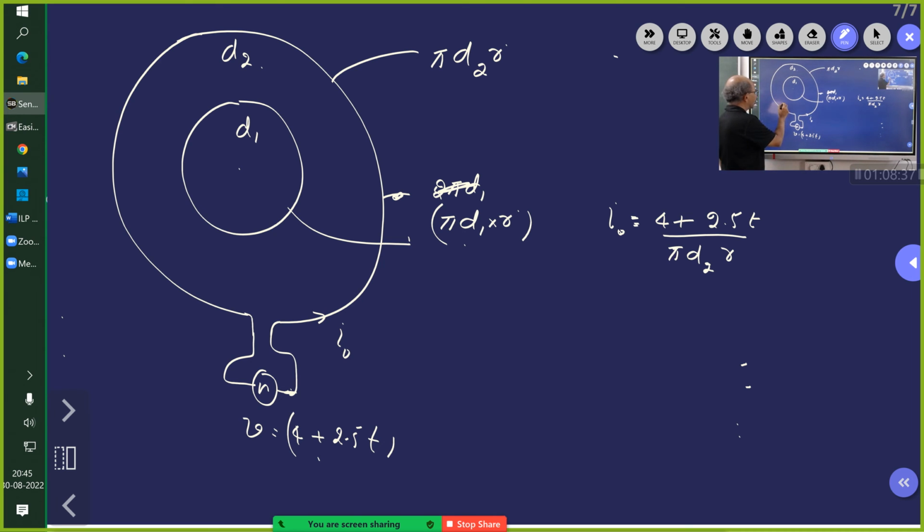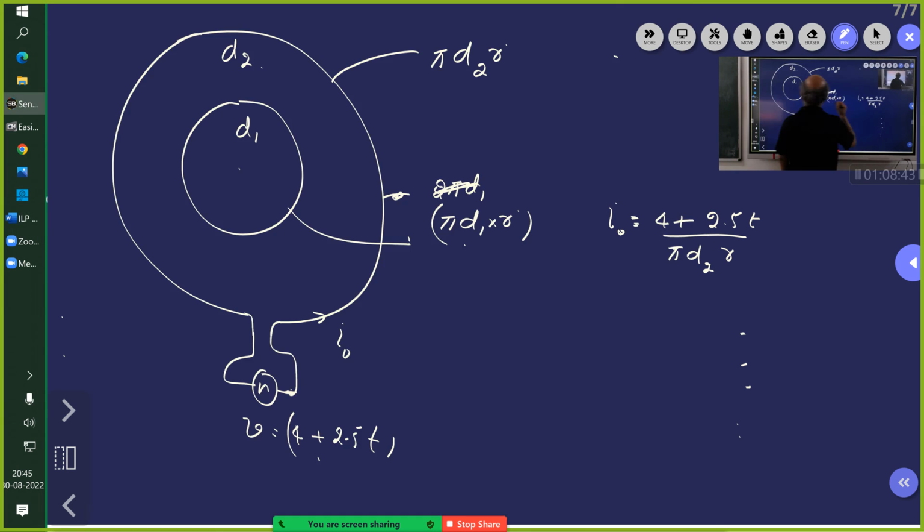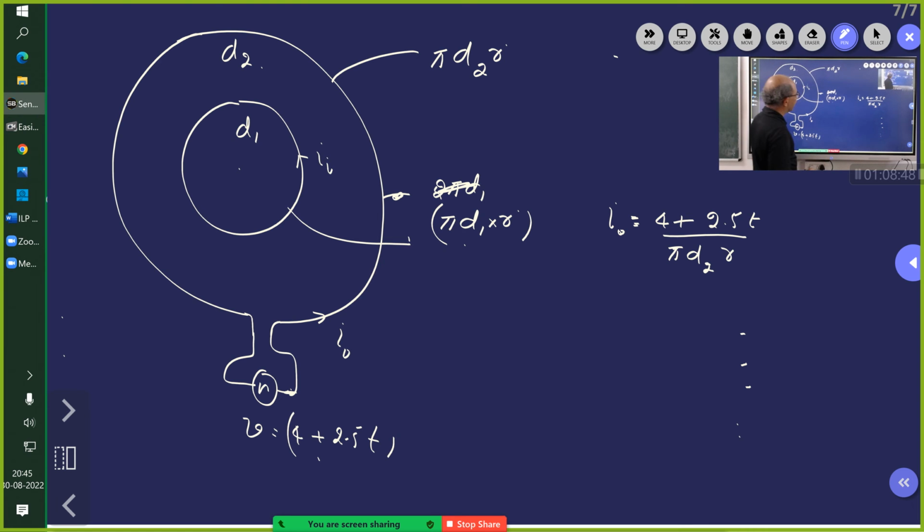Now they are asking what is the EMF induced, calculate the current in the smaller loop. They are asking what is the current in the inner loop. Due to this, what is the current in the inner loop? Obviously the current is flowing here, so it will create a magnetic field inside this.